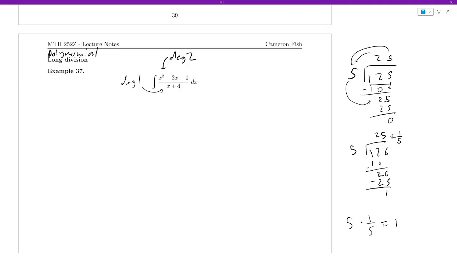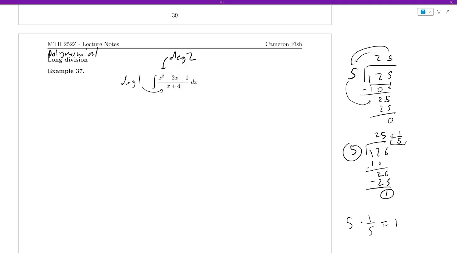So altogether we have 126. Although we usually write remainder 1, you could also think of that as plus a fractional bit: the 1 left over, divided by the 5, the thing on the left. We're going to see that structure, this plus an extra fraction at the end, come up in the polynomial version.